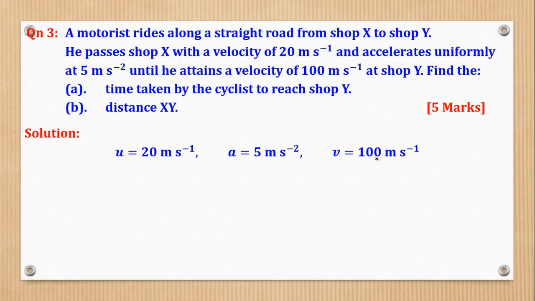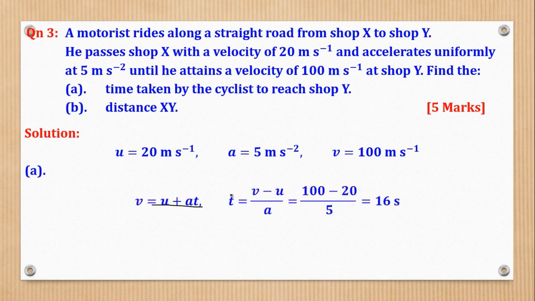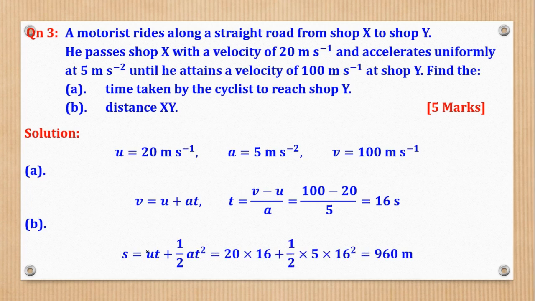For part A, we use the first equation of motion and make t the subject to give you the value of t as 16. Then for distance, we use the second equation of motion, substituting for u, t and a, to give you 960 meters. And that's what they wanted.